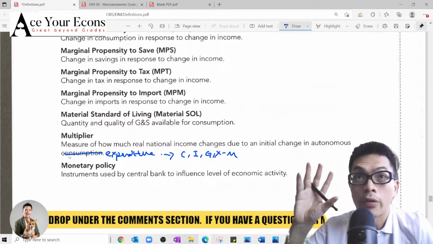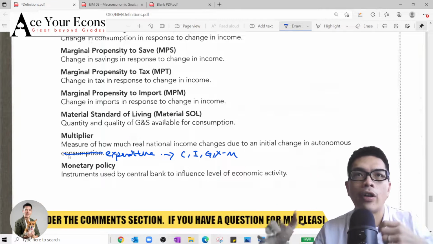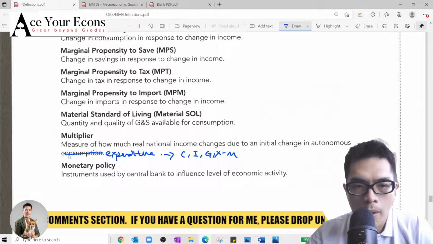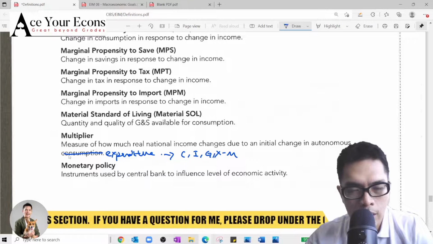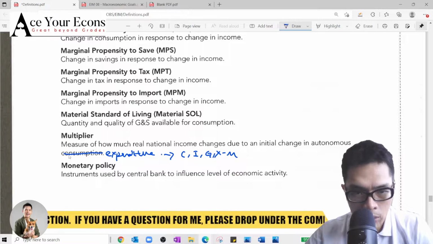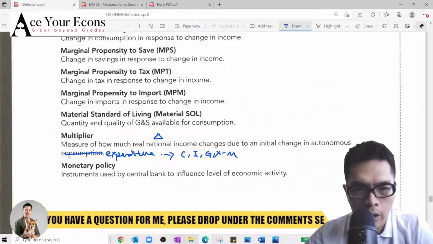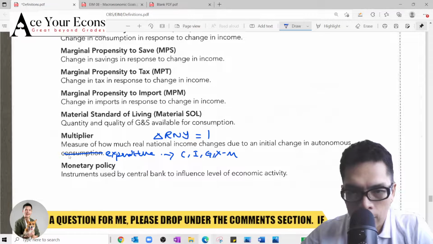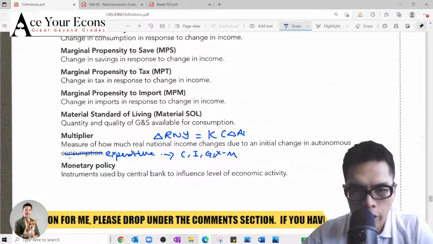So today we want to expand out the entire step 5 of the ADAS and look at the multiplier process. Your multiplier simply tells you, if you put the definition into an expression, your change in real national income is equal to multiplier multiplied by change in aggregate demand.